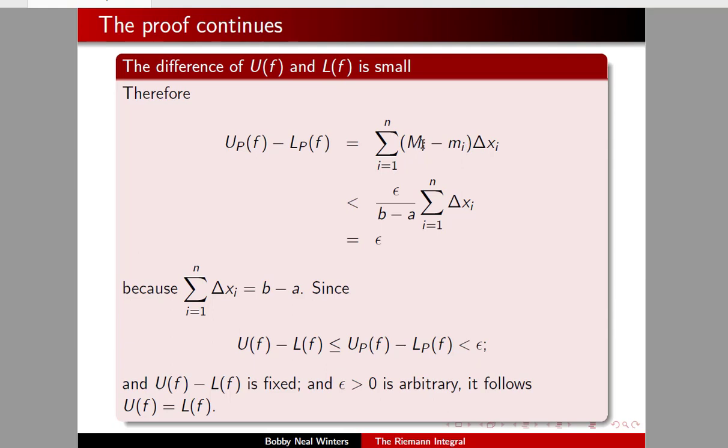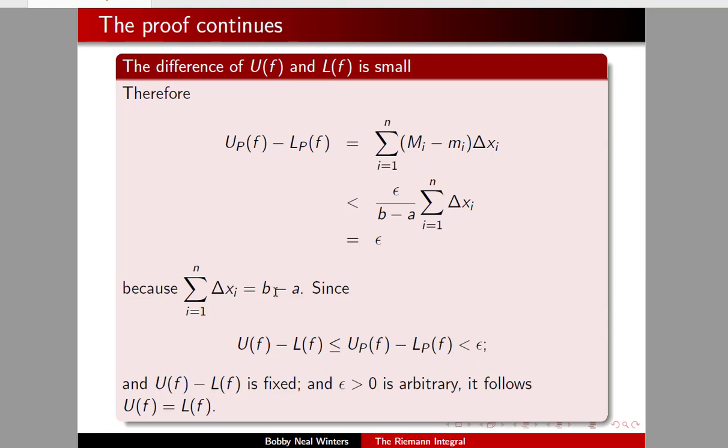This M_i minus m_i, we've just proven, is less than epsilon over (b minus a). The sum of all of the lengths of the subintervals is just the length of the interval, and the length of the interval is b minus a. Therefore, the distance between U_P of f and L_P of f is less than epsilon.